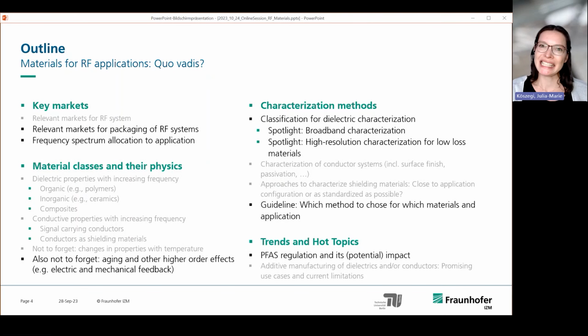But I will at least put our study on the aging effects in here, because I think it's really an interesting development, and we're in discussion with material manufacturers how to include that in a standard characterization process. And of course, then we will talk about characterization methods, some guidelines, and at least the PFAS regulations, or the current state of it, will be in the presentation today.